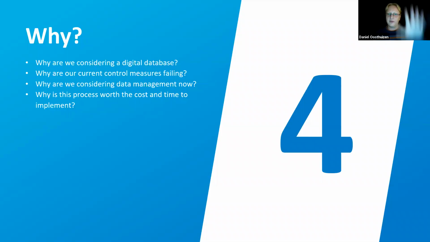If you've done the questions and you're at the point where you're already considering the why, you should know why you are considering this. Okay, why are our current control measures failing? Of course, they say whoever knows history can control the future, and that's a simple philosophy for us. If we know exactly where we go wrong, we know what we can change in order to not run into those problems again.